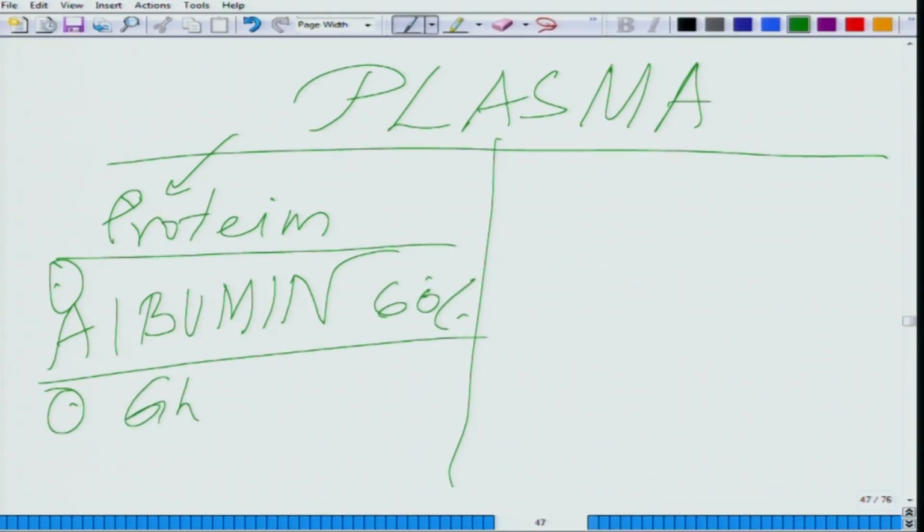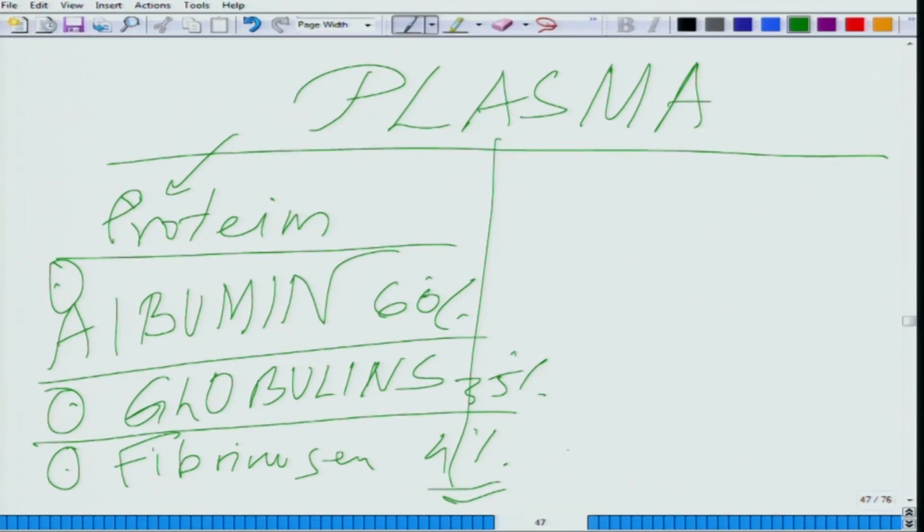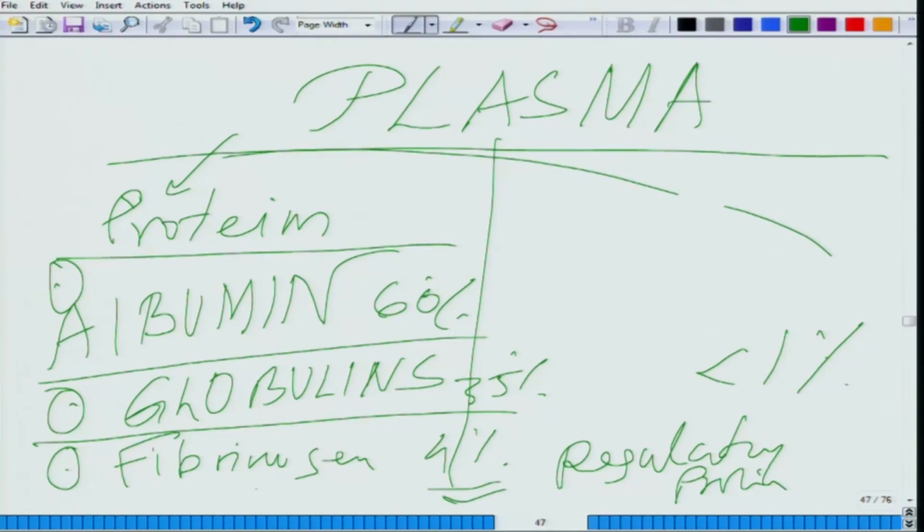Then you have globulin proteins, these are the globulins which constitute 35%. Then you have 4% of fibrinogen, and you have a bunch of enzymes, proenzymes, hormones, which essentially fall under regulatory proteins, which is less than 1%. So, this is pretty much the protein component.